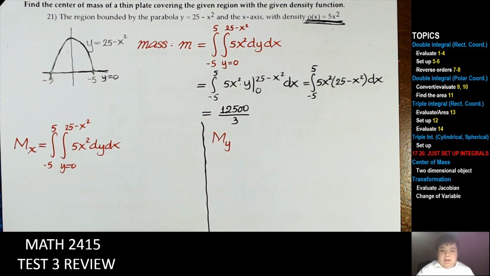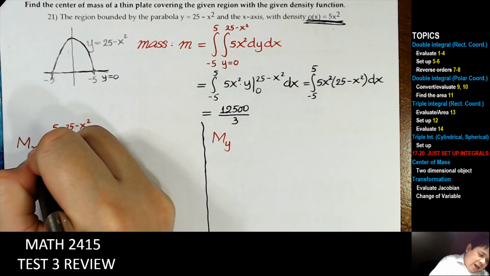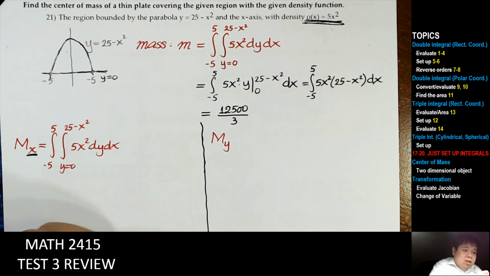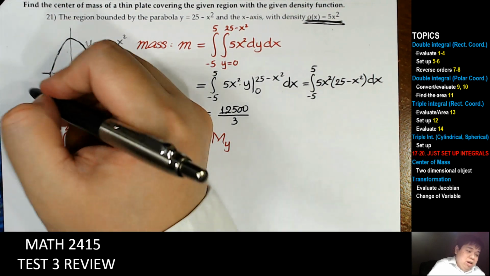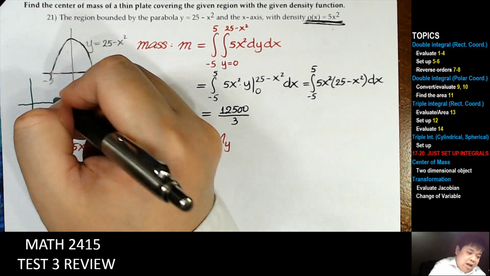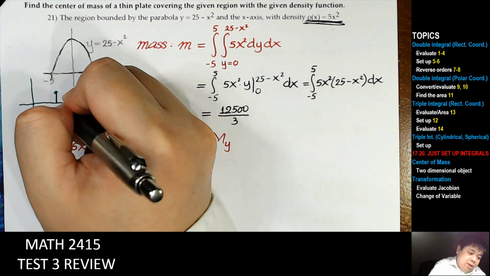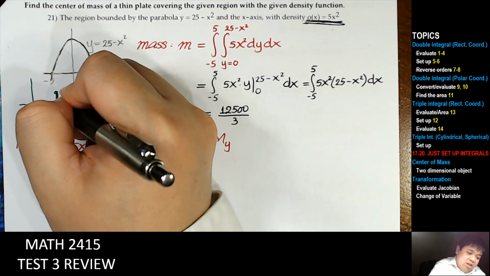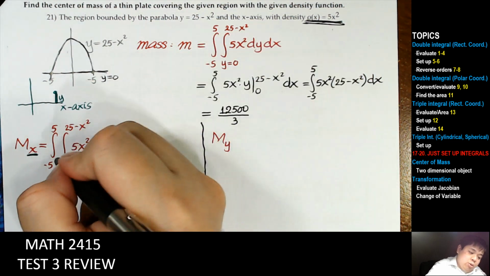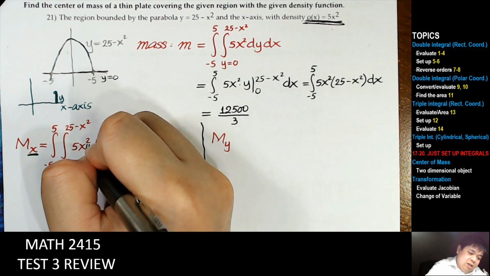The difference is now we have the moment in x. We're not going to stick an x here because that's not what it is. The moment about the x-axis means the distance to the x-axis. Of course, the distance to the x-axis is the y, so we're going to stick the y in here.